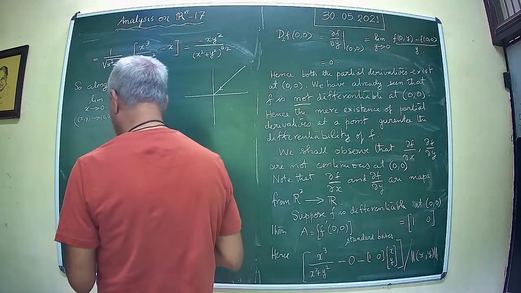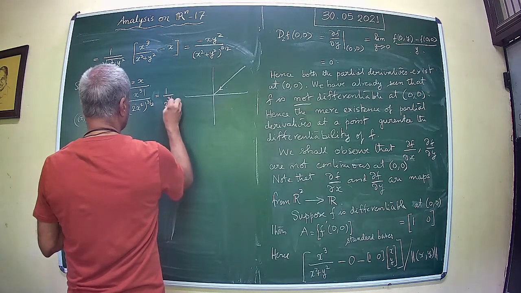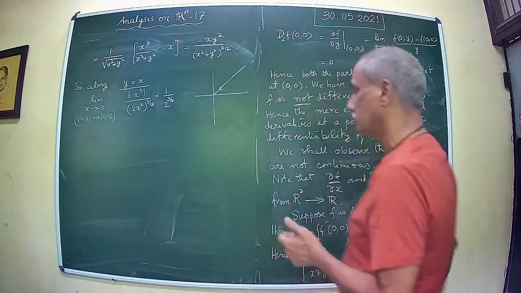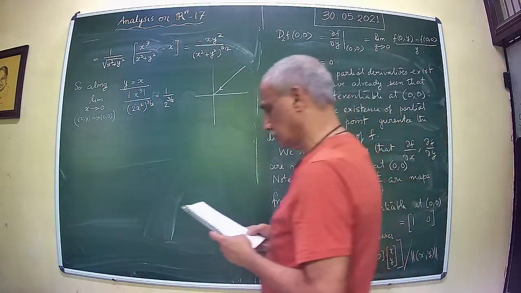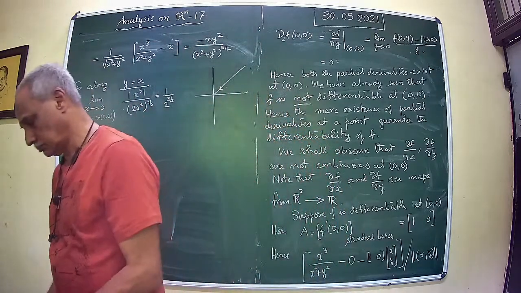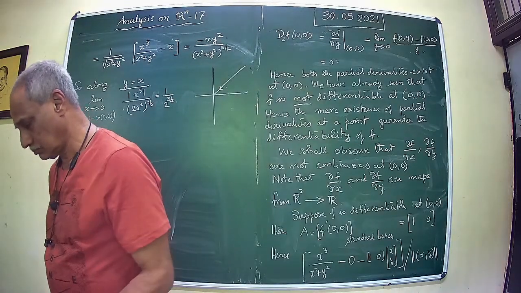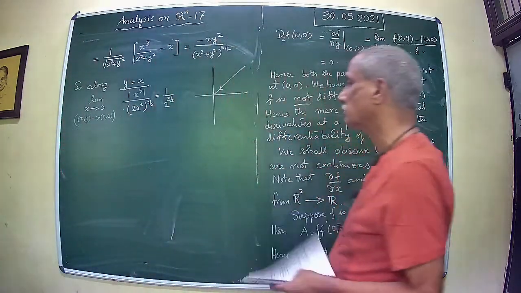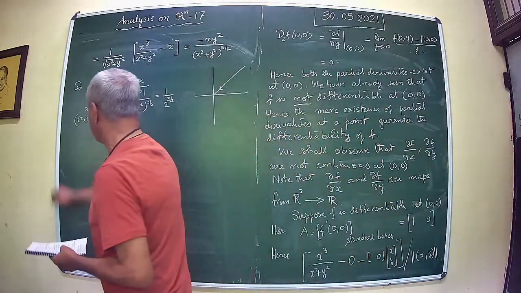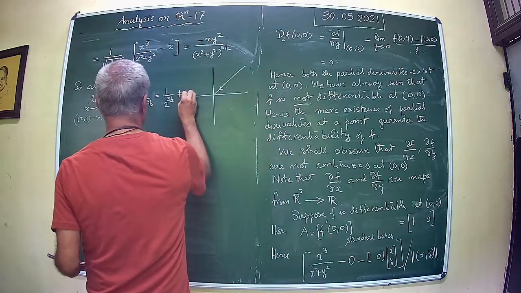And if you look at the limit of this, this is equal to 1 upon 2 to the power 3 by 2, and this is not equal to 0.